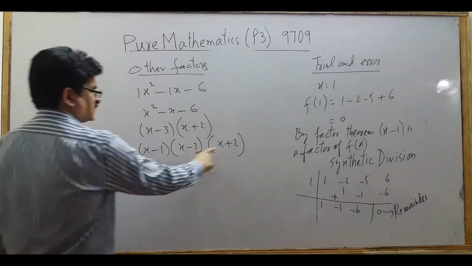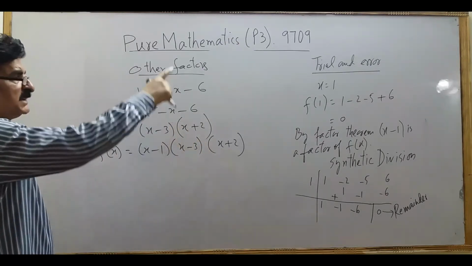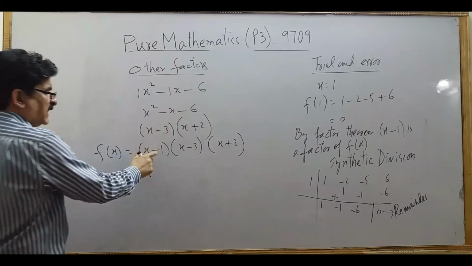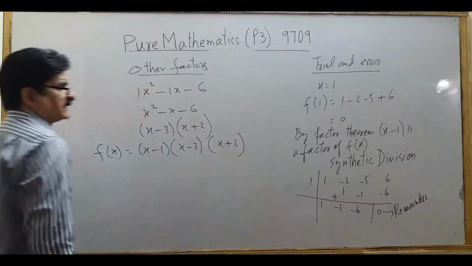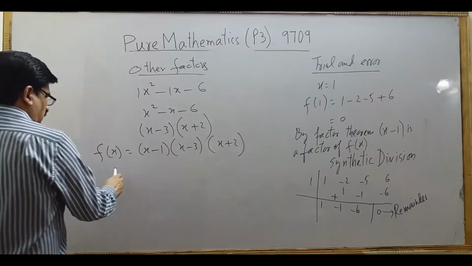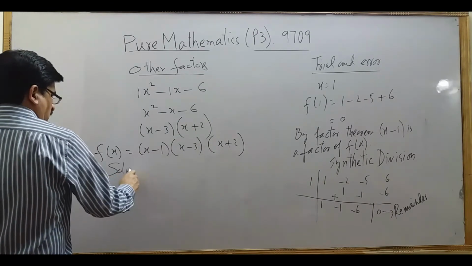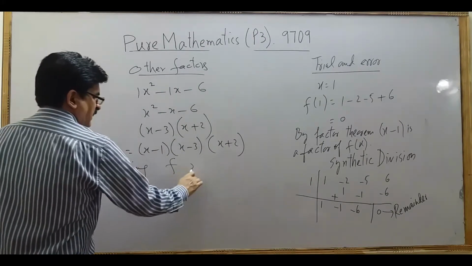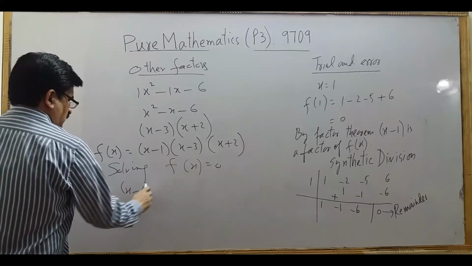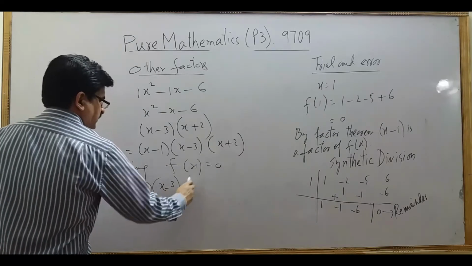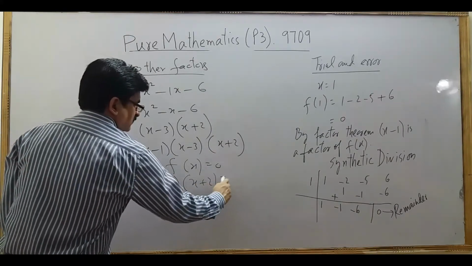These are the factors. The polynomial has degree 3, highest power 3, so we have 3 factors. We can't have 4 or 5 factors. Now solving the polynomial equation f(x) equal to 0 means that you will put all these factors equal to 0.